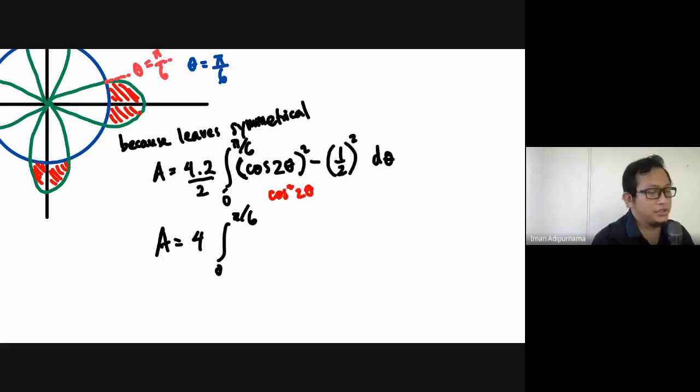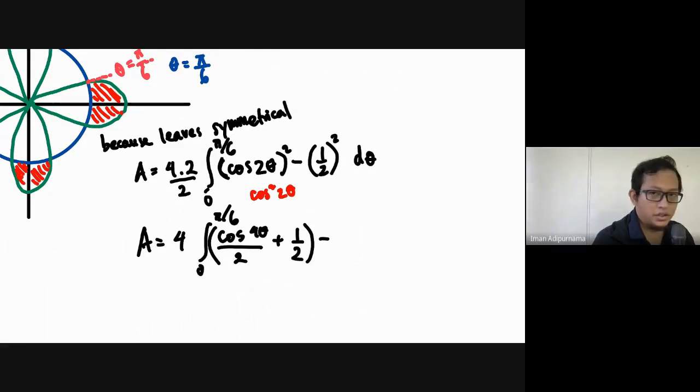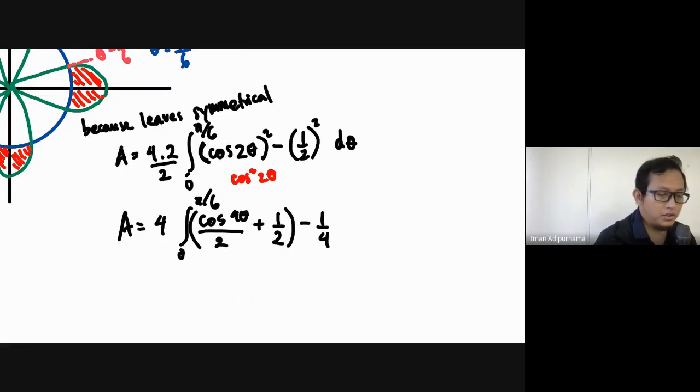And I will change it into the double angle. The double angle is cos 4 theta over 2 plus half, and then minus 1 over 4, and then all with the d theta.